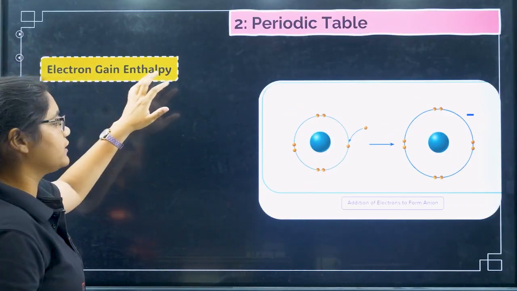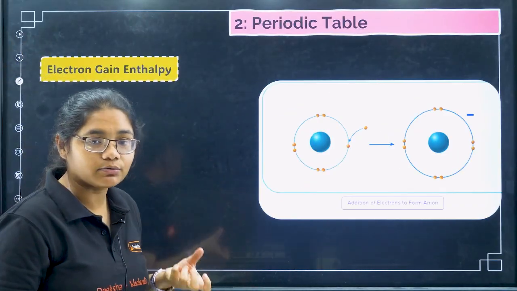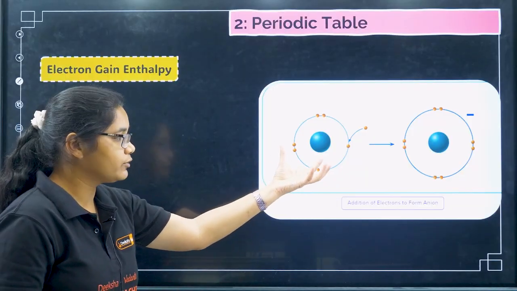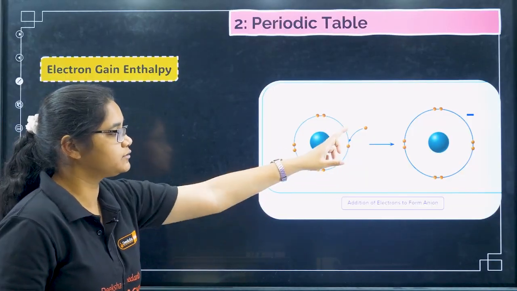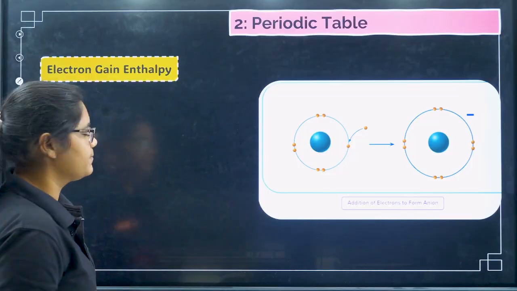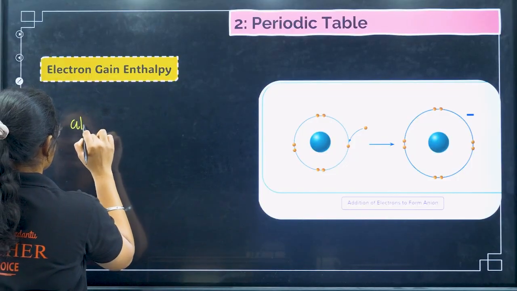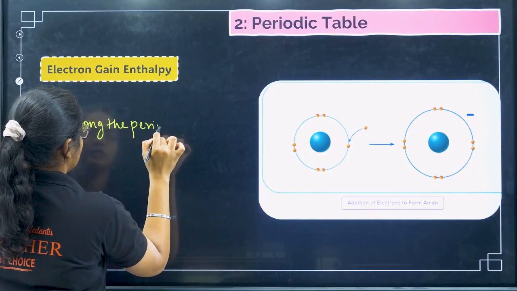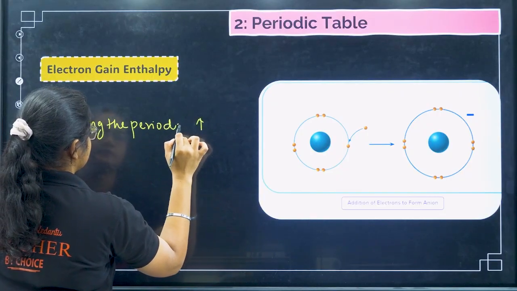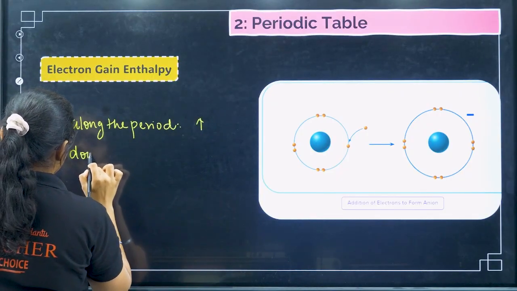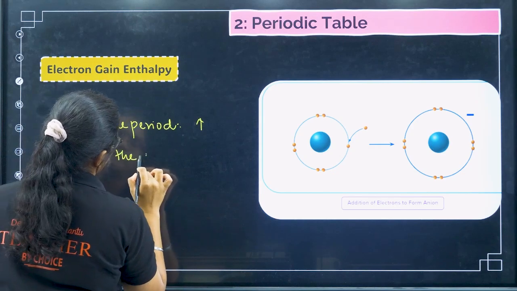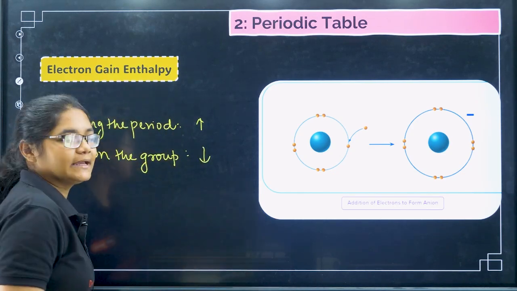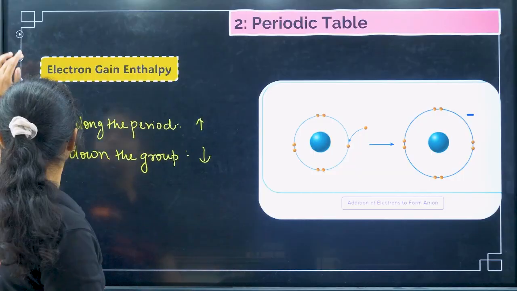Next we have electron gain enthalpy, the tendency to gain an electron, or the energy that is released when one electron is added. Now here, along the period it increases and down the group it decreases, same as ionization enthalpy.